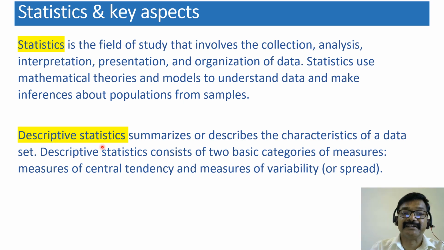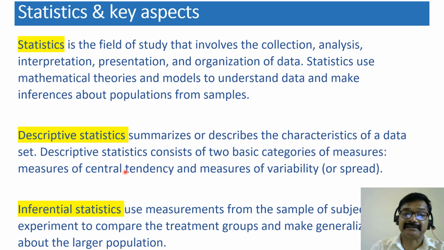One is descriptive statistics, which basically includes two factors, that is central tendency and measures of variability. For example, mean, median, mode, standard deviation, range, percentile, skewness, histogram, and bar chart are descriptive statistics.